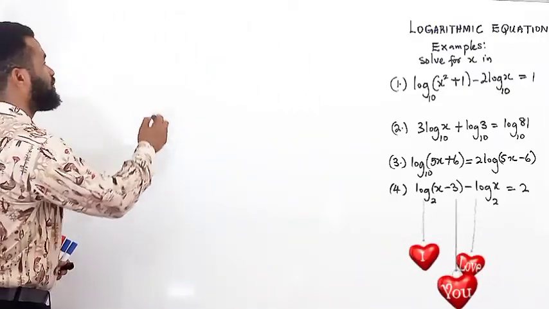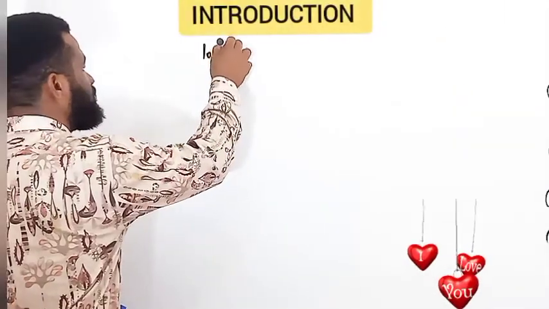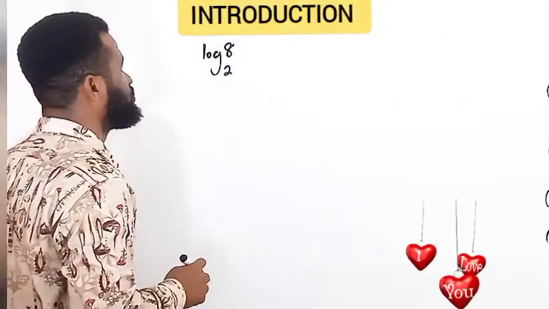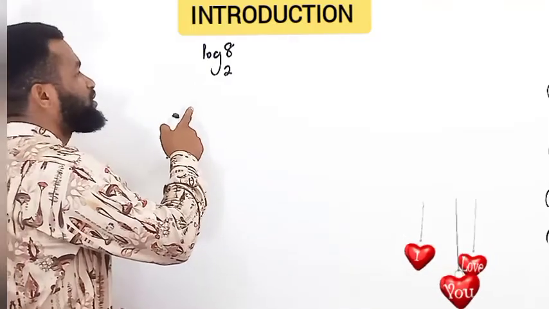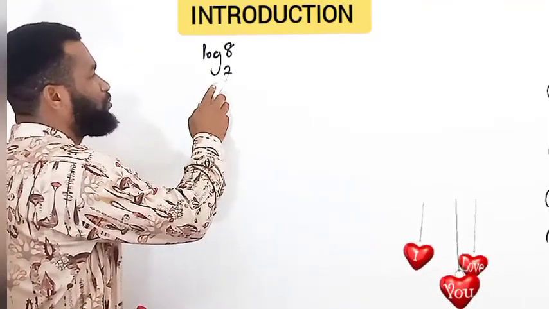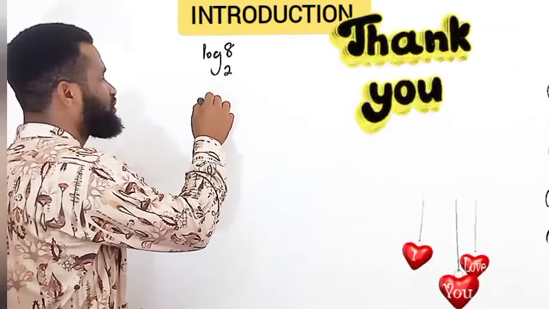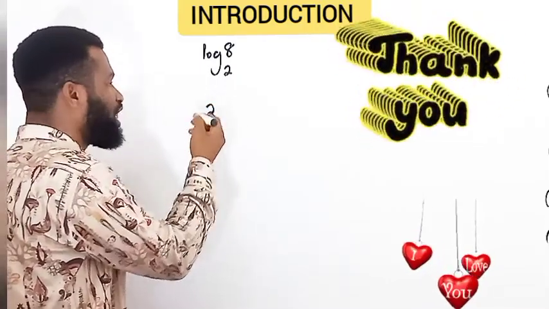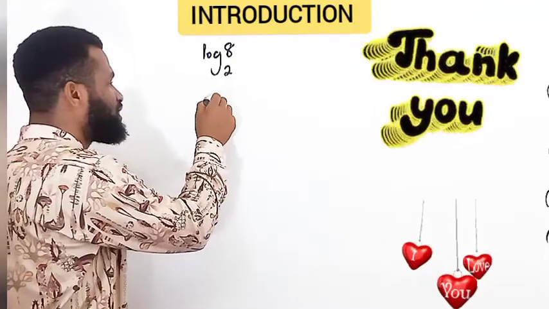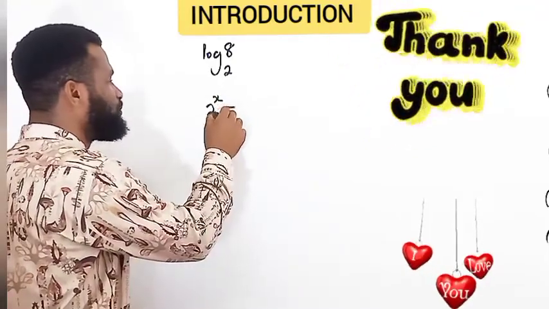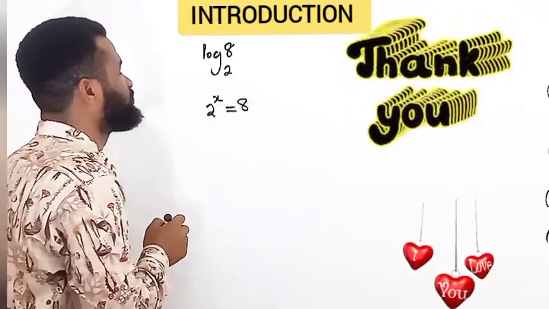So, if I have log 8 base 2, this means how many times will I multiply 2 to get 8? 2 times 2 times 2 in how many places? That means 2 times in how many places to give you 8?